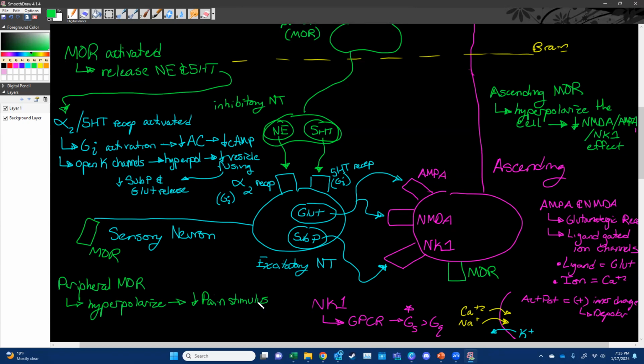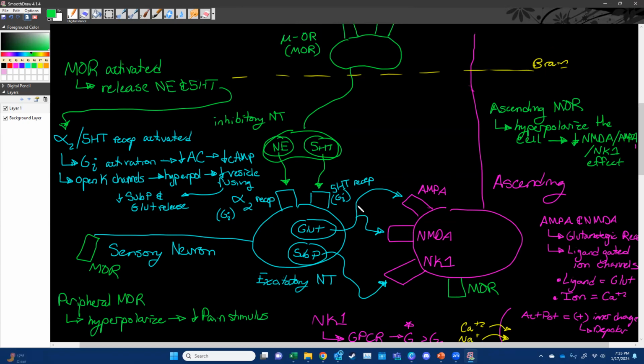And so when you look at all of the different sections where we have the incoming stimulus being transmitted, we have opioid receptors doing their job.